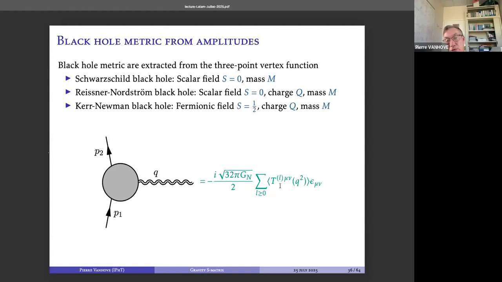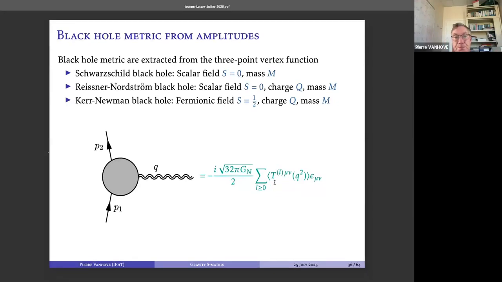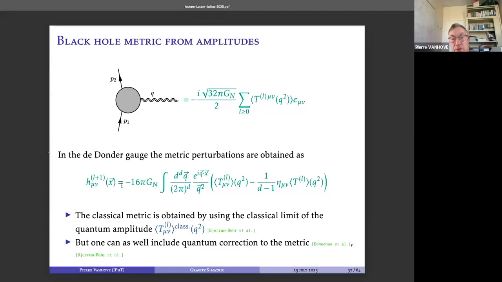And then from that you want to extract something that has to do with the waveform, the h mu nu. The h mu nu of the metric perturbation is obtained by computing this form factor, which is organized in perturbation, at each order in G Newton. Then you Fourier transform using a formula like that, and then you get h mu nu.